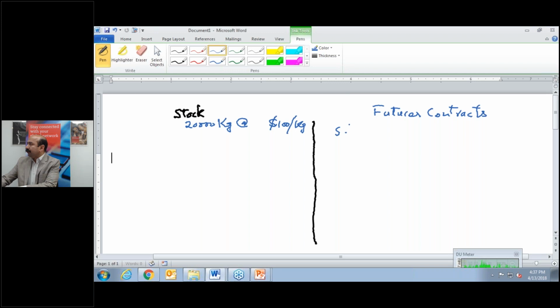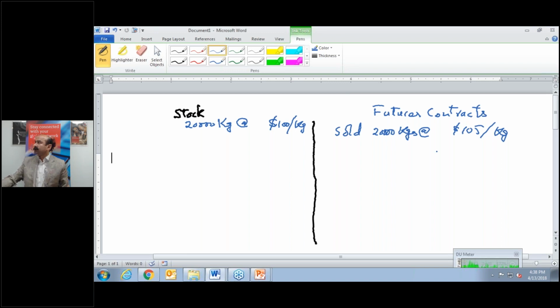ABC Limited was concerned about the price of inventory, so on 1st July you sold 20,000 kgs at $105 per kg.